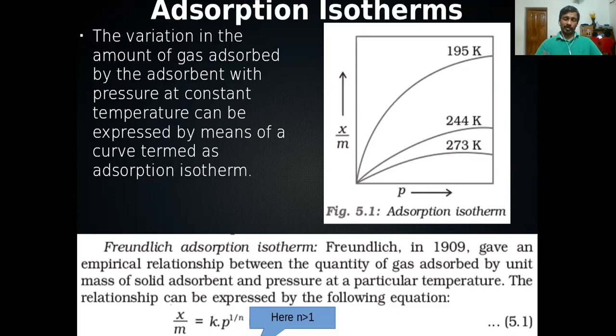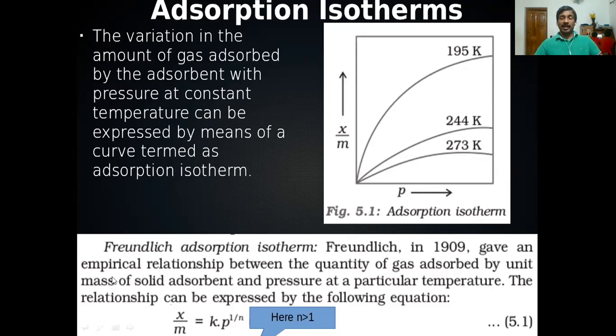There will be adsorption and desorption, two processes. So we can say at the saturation pressure, adsorption is at equilibrium. This graph and this equation can be considered as Freundlich adsorption isotherm.